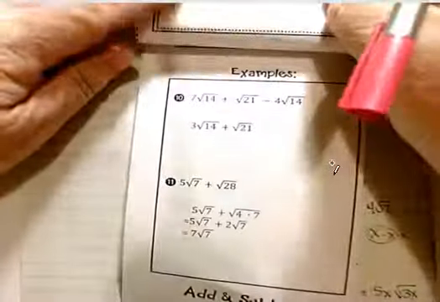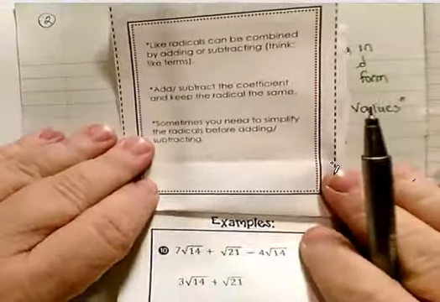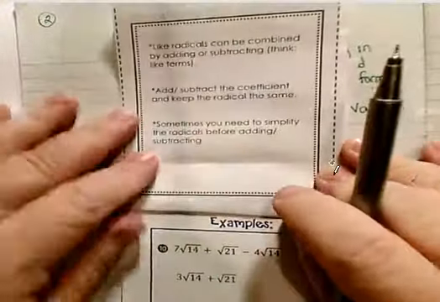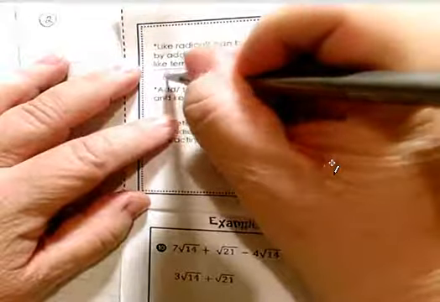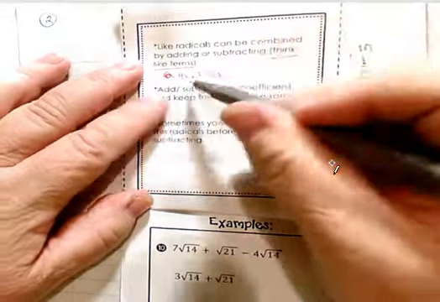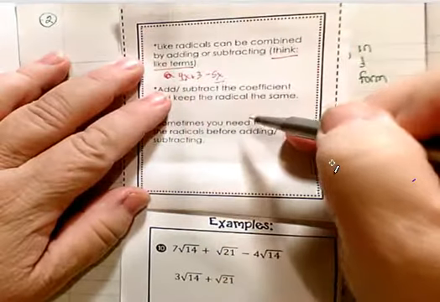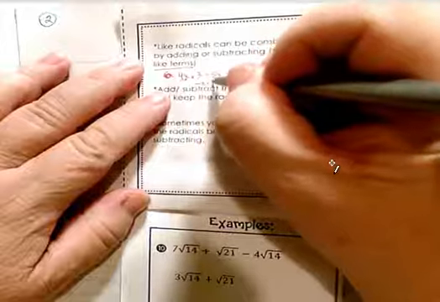Okay, so last one, adding and subtracting. So let's look up here at the notes really quick. Like radicals can be combined by adding or subtracting. Think like terms. For example, let's not use a 4x plus 3 minus 5x. We could put those together, and that would be negative x plus 3.